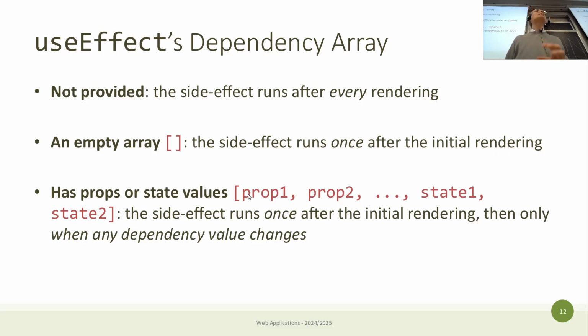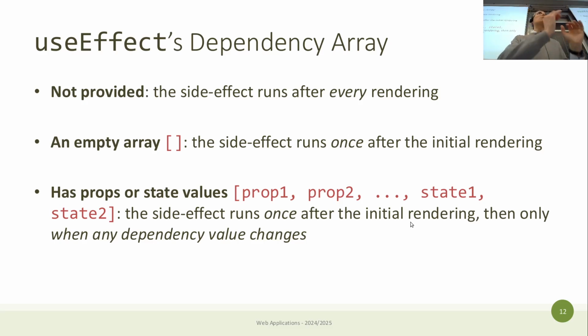And if there is a list of values, typically props and or states, these values will decide when the callback will be called. So the code associated in the callback through the useEffect API will run every time when any dependency value changes, and in addition also once after the initial rendering, so it means after mounting the component.